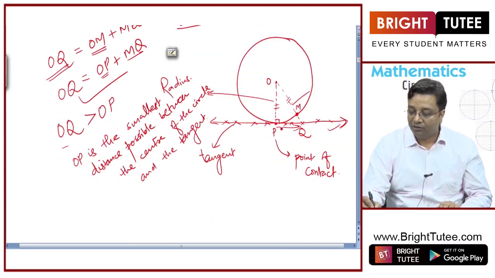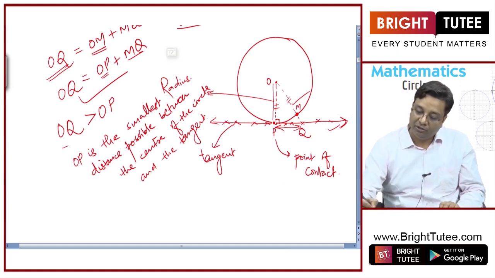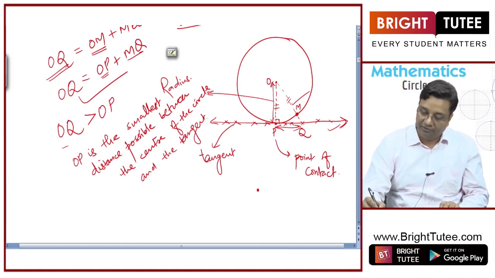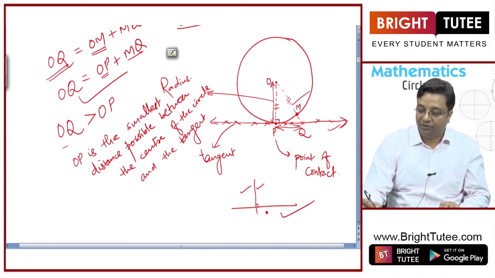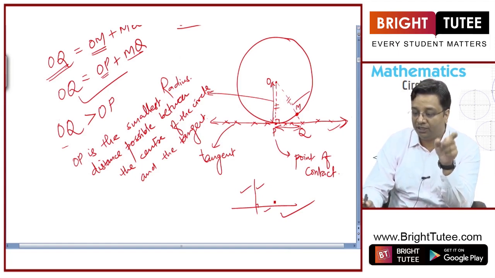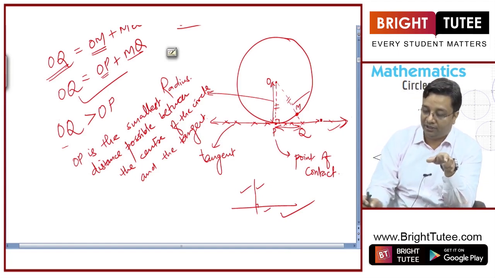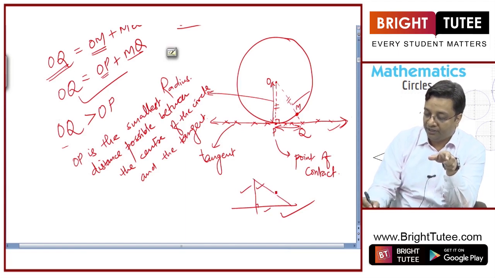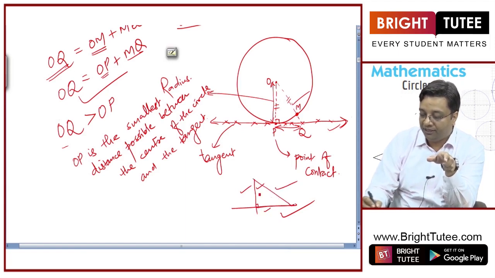This can also be considered as perpendicular, this can also be considered as perpendicular, right? When you draw something like this, this line is perpendicular to this line and this line is perpendicular to this line, but these lines will always be smaller than the hypotenuse, okay? If you draw a hypotenuse here, this will always be bigger than this line and this line also, right?